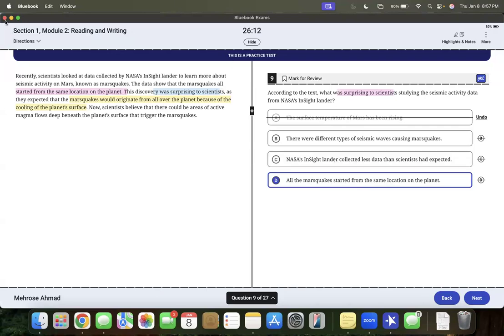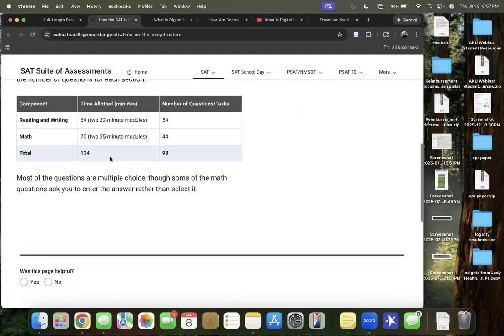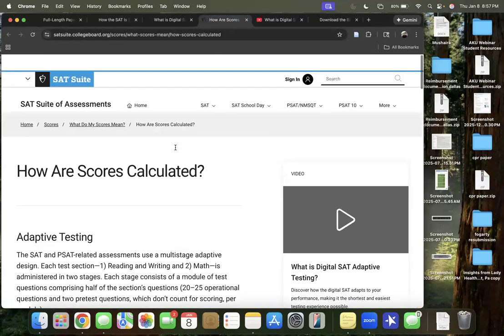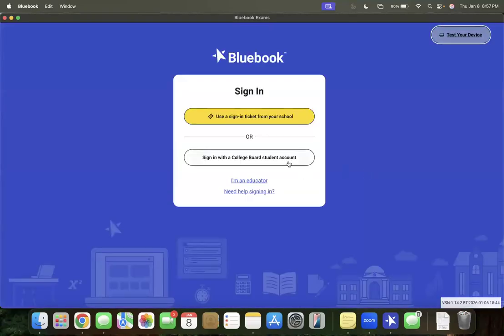We went over the format of the reading and writing section, which is 64 minutes and 54 questions. We also went over the adaptive module technique, and we went over the Blue Book app and all the resources that students can use for practice testing and for getting familiar with the online platform. So that is that.